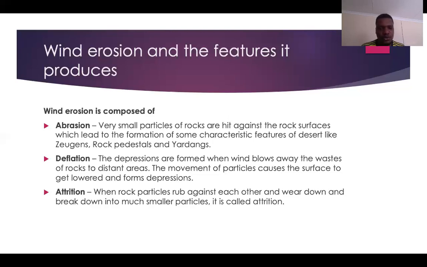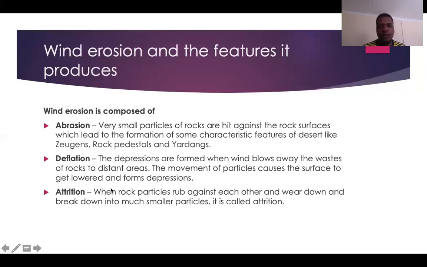And as it continues to do that, in the area where the sand is being taken from, there will be a development of a depression. So if you see here, it's saying the depressions are formed when wind blows away waste of rock to distant areas. The movement of particles causes the surface to get lowered and forms depressions. So that's another type of erosion that occurs.